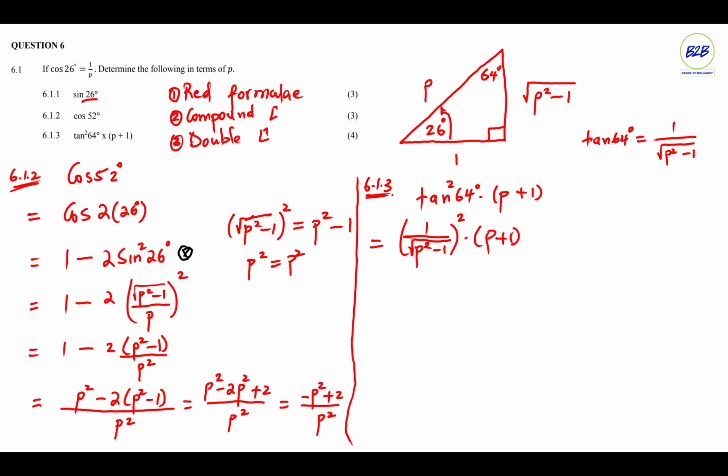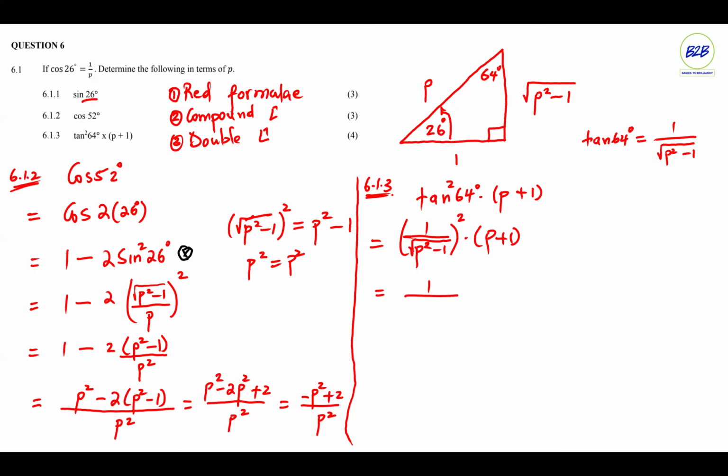And then from there, we must then remove the brackets. How do we remove the brackets? We say the numerator, which is 1, and then we say that 1 to the power 2, and then we'll get 1.